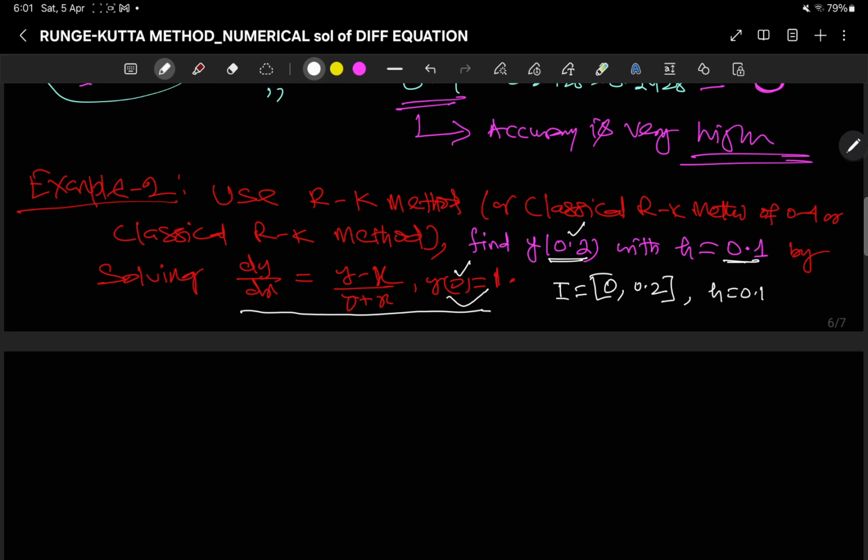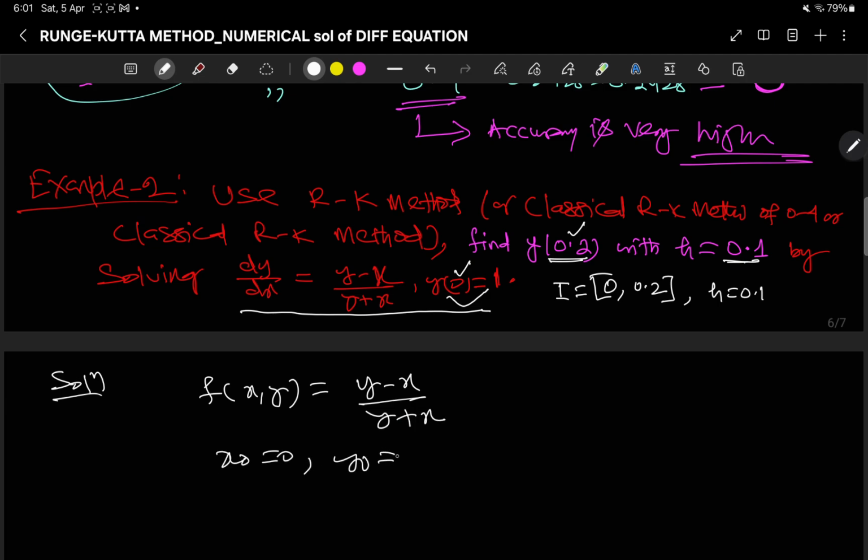So we need 2 steps here. Okay, so now coming to the solution, f(x, y) is equal to (y minus x) by (y plus x), and x0 is equal to 0, y0 is equal to 1, let h is equal to 0.1.